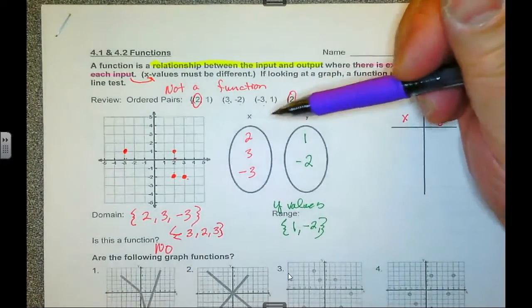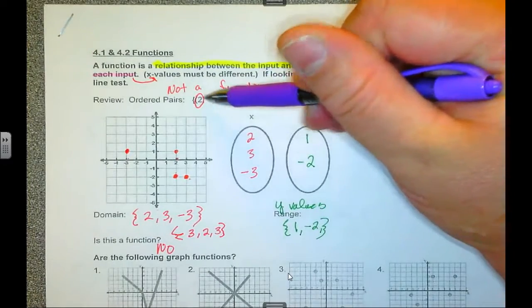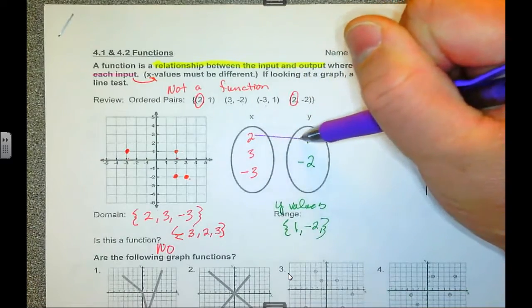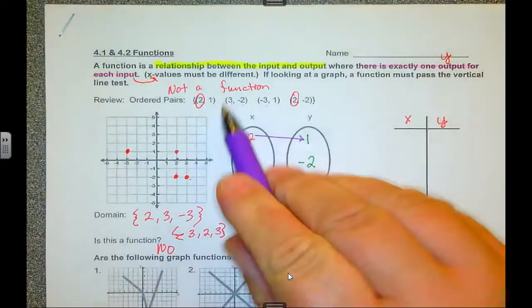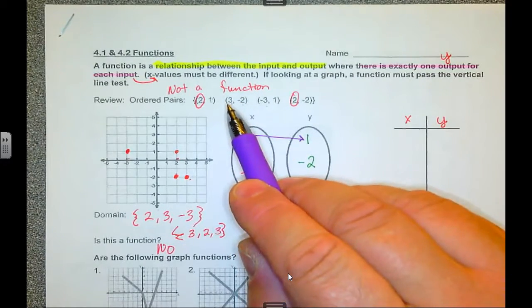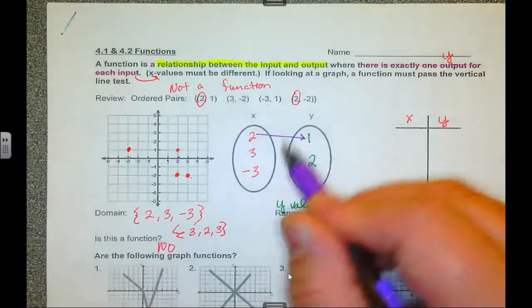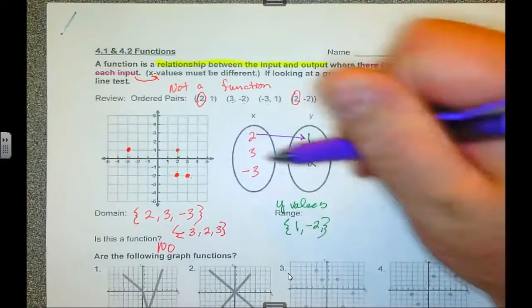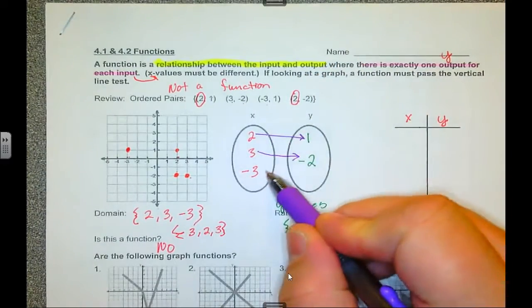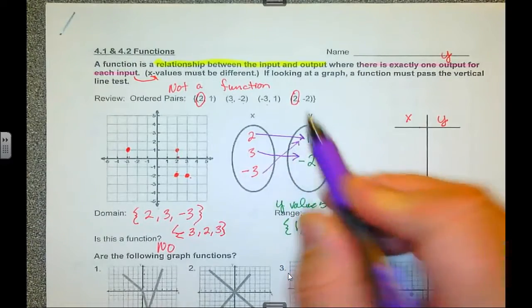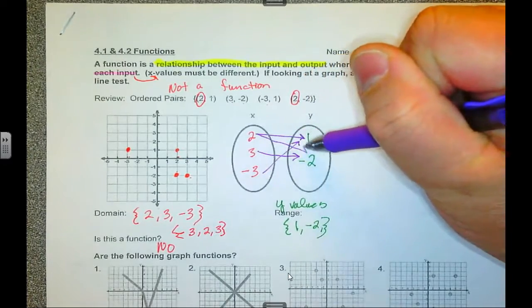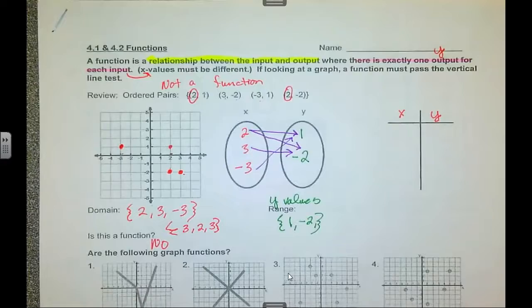It's called mapping because you look at each point: 2 maps to 1, 3 maps to -2, -3 maps to 1, and 2 maps to -2.